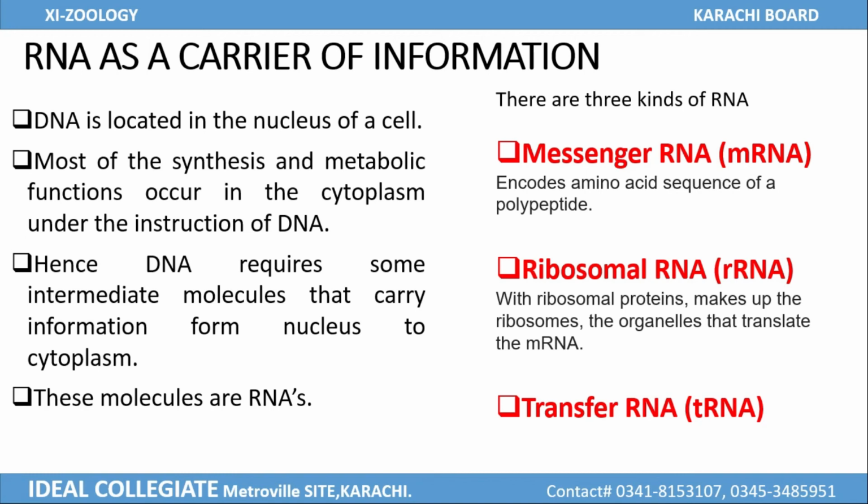Ribosome consists of protein and RNA, so that's why it is known as ribosomal RNA. Ribosomal RNA translates the messenger RNA, and then transfer RNA is responsible for taking all the amino acids and attaching these amino acids according to the sequence of messenger RNA.